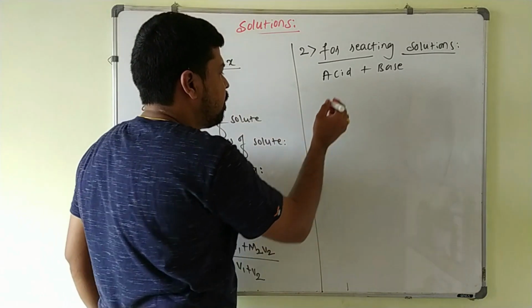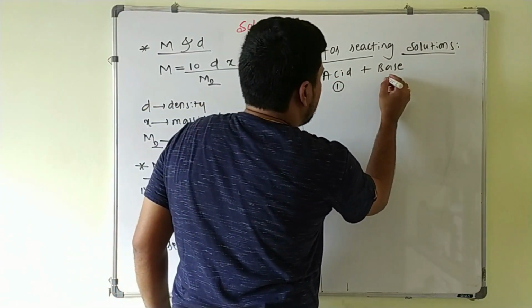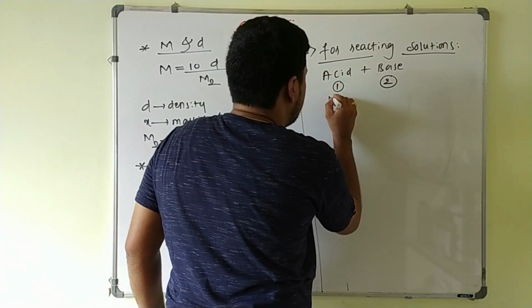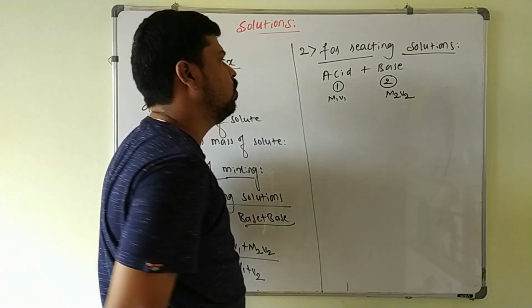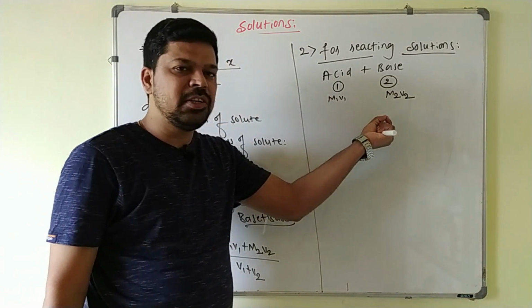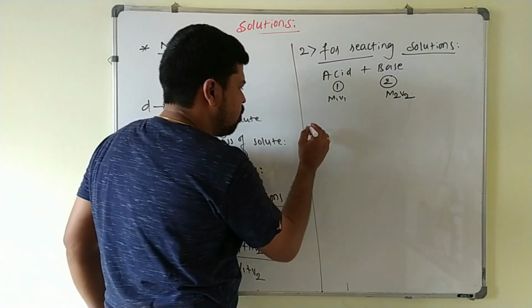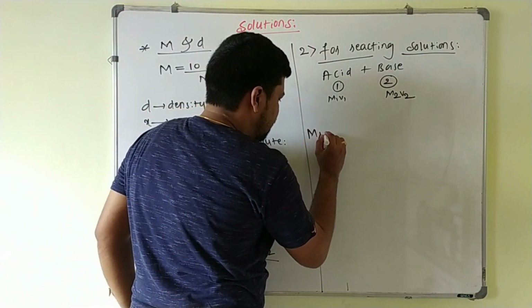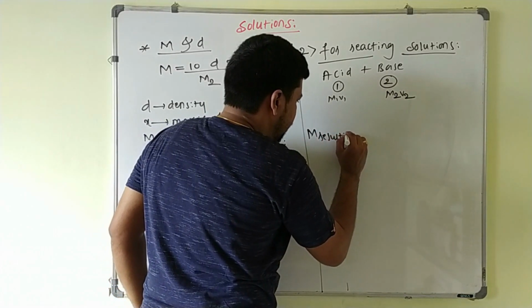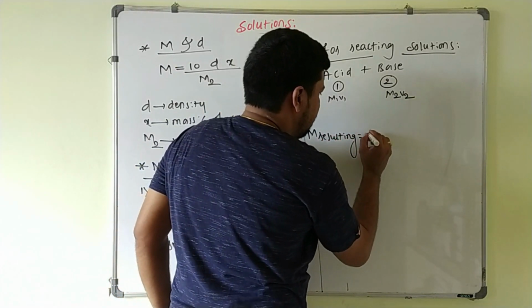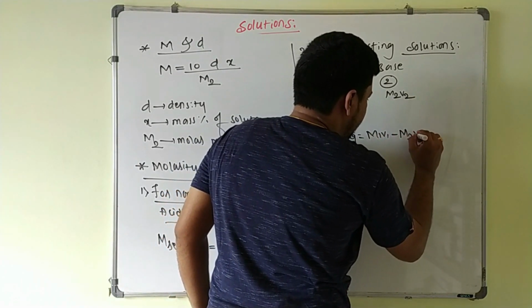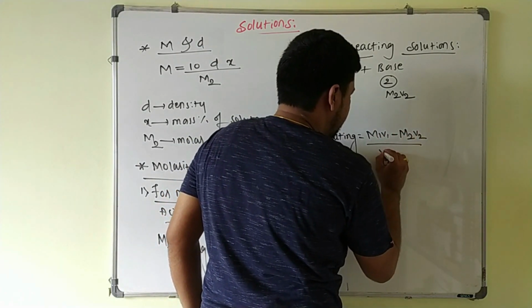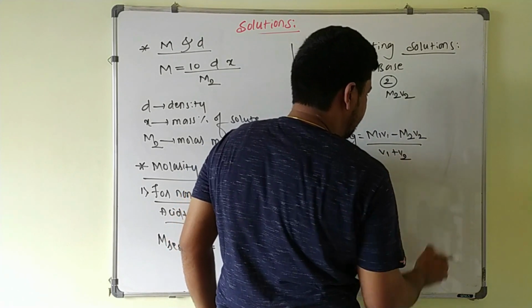So in this case what happens? Suppose I take this as 1 and this as 2, and this will be your M1 V1 and this becomes M2 V2. If these two are mixed together, then the resulting molarity will be M resulting equal to M1 V1 minus M2 V2 divided by V1 plus V2.